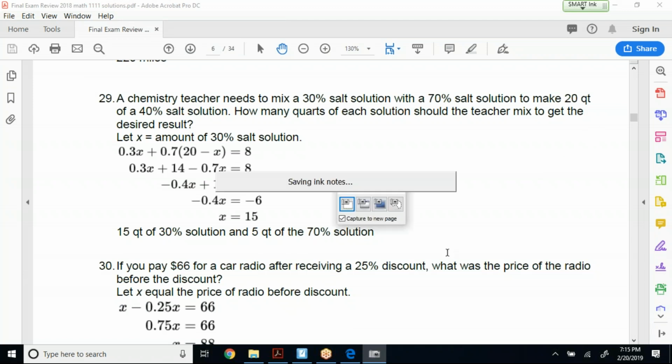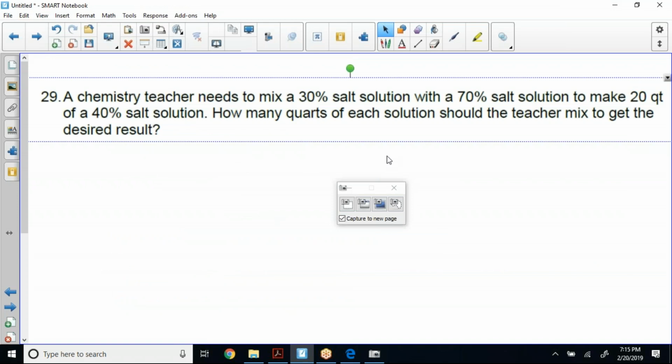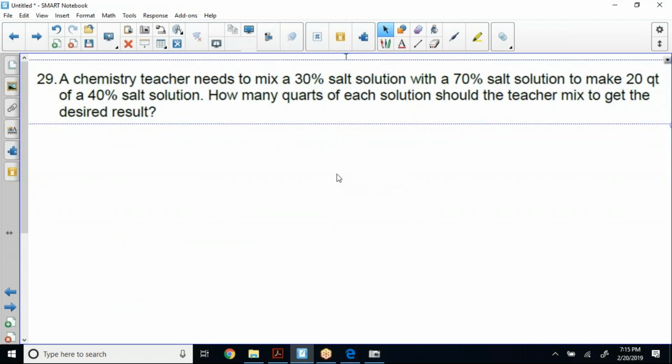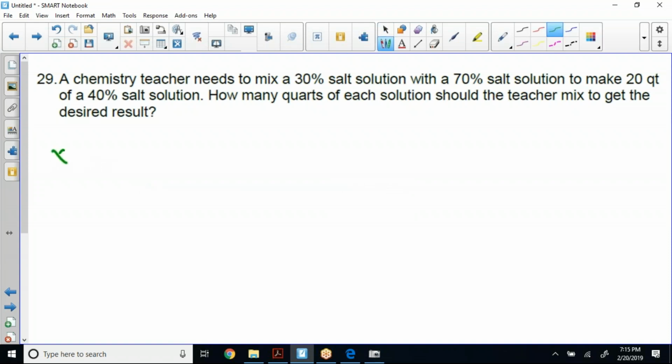All right. They set it up as a linear, but I'm going to set it up as a system. I'm going to let X be something and Y be something. A chemistry teacher needs to mix a 30% salt solution with a 70% salt solution to make 20 quarts of a 40% salt solution.